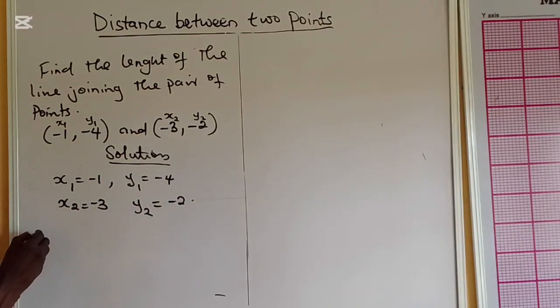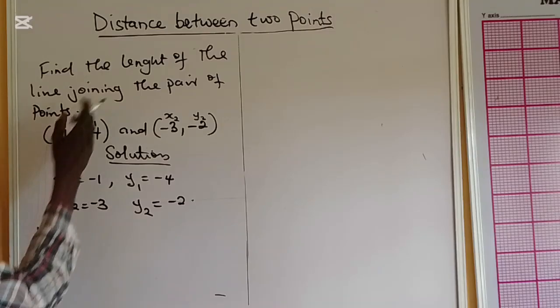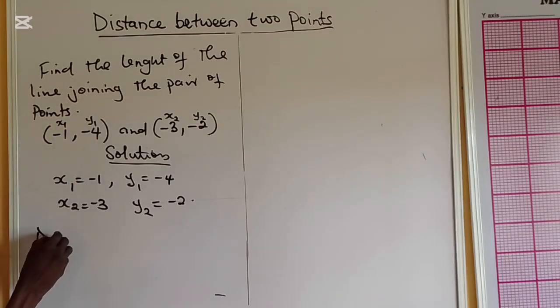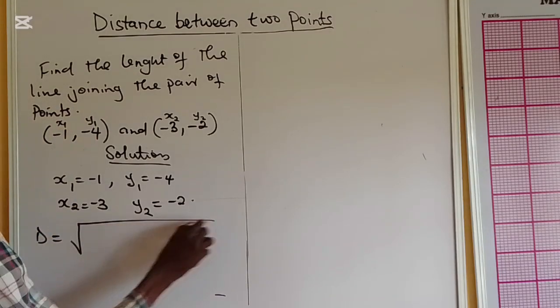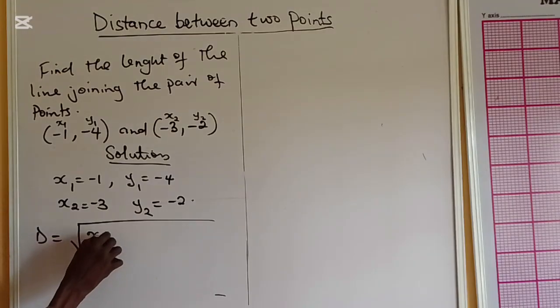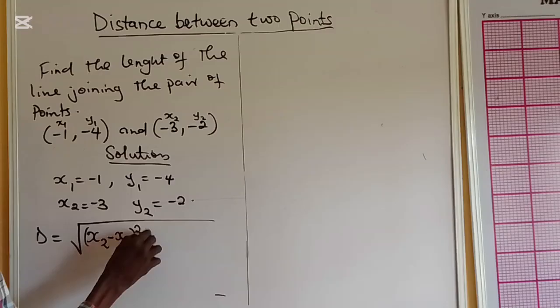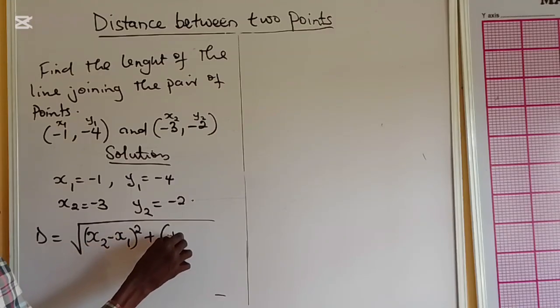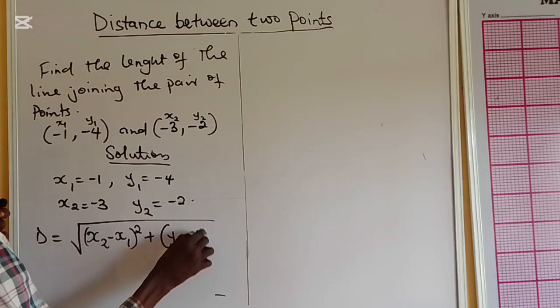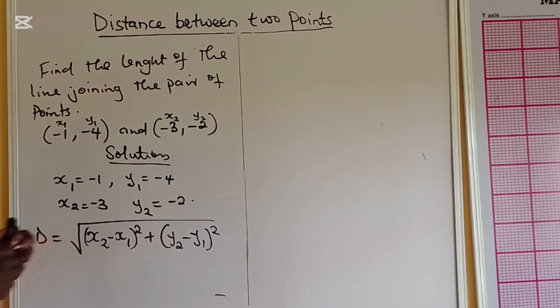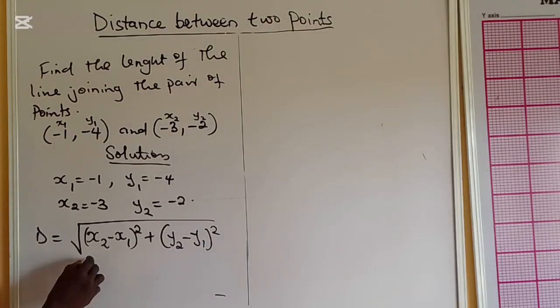By the formula, the distance, or you can call it length, is equal to the square root of x2 minus x1 all squared plus y2 minus y1 all squared.